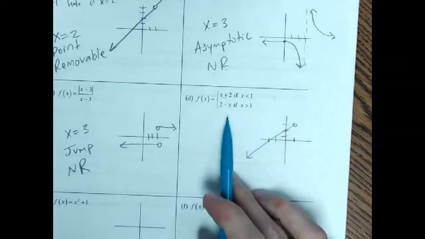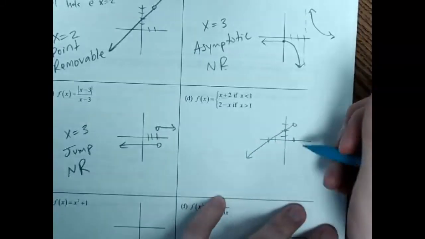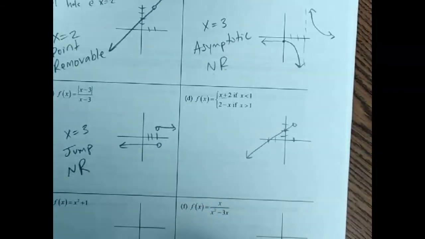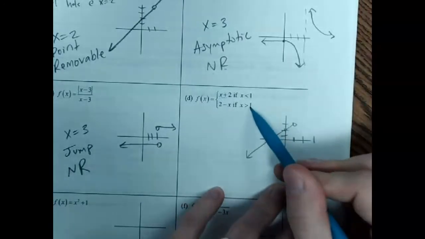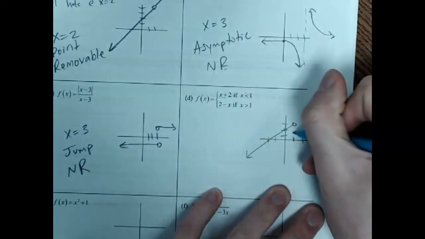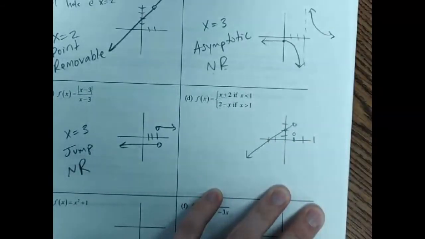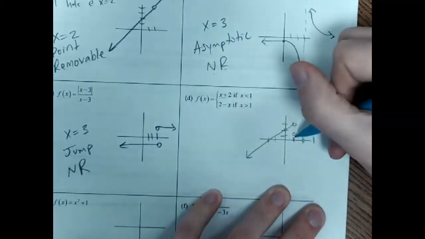I think that one would have an intercept. Let's see if you wanted that to be 0. I think it's going to cross the x-axis at 2. So let's see. Plug in 1, 2 minus 1. So that point's going to be right here. And then if I plugged in x equals 2, 2 minus 2 is 0. So that one's going to look like this.